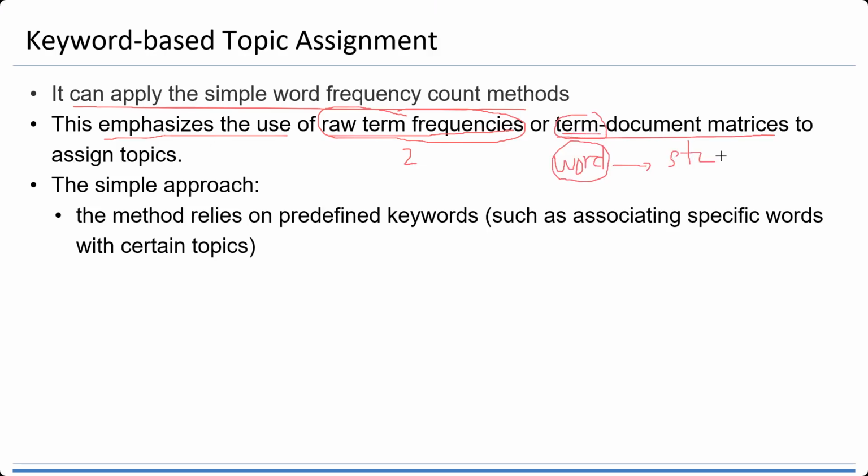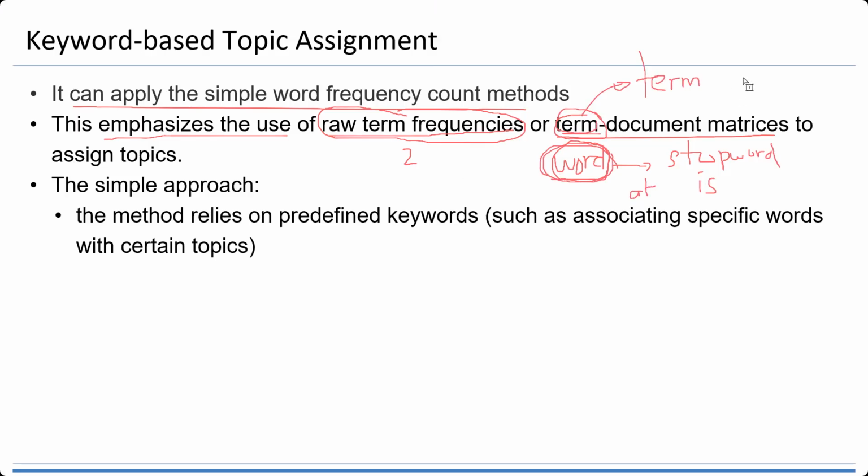For example, "is" is a word. "At" is also a word. But we call term something more specific related to topic.